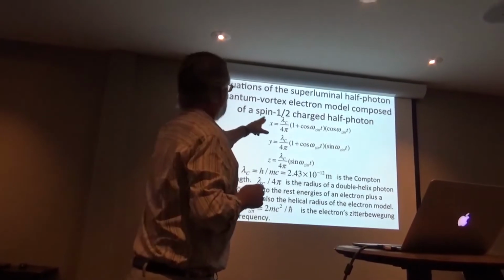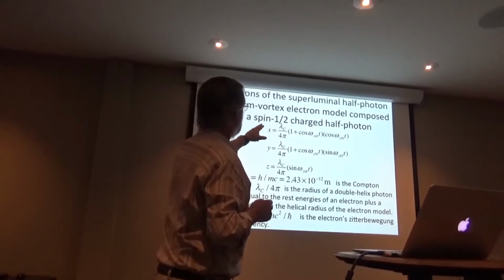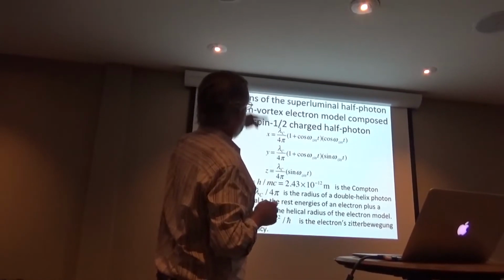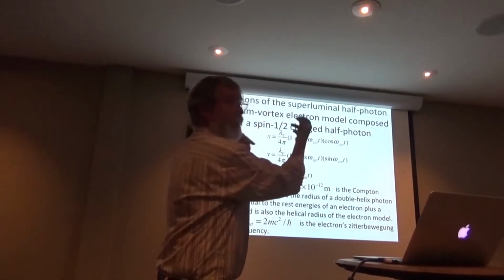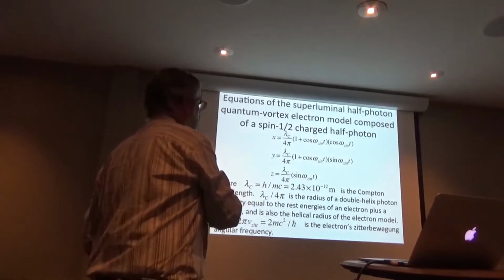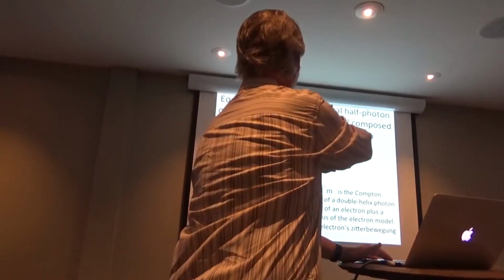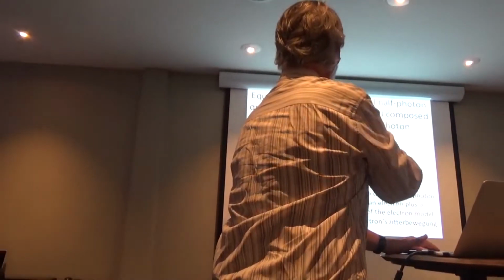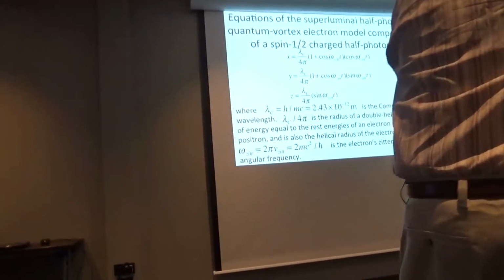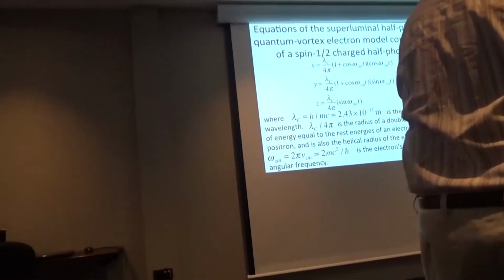And this is the form of a Zitterbewegung torus. It's both oscillating vertically and horizontally at the same frequency, the Zitterbewegung frequency. Lambda c is the Compton wavelength. The Zitterbewegung frequency is the angular frequency.